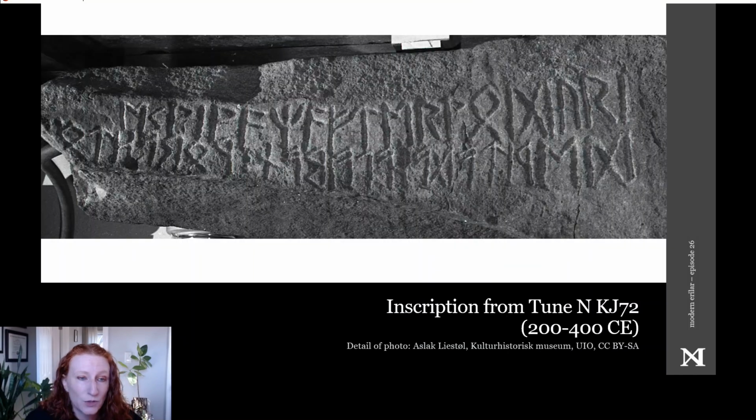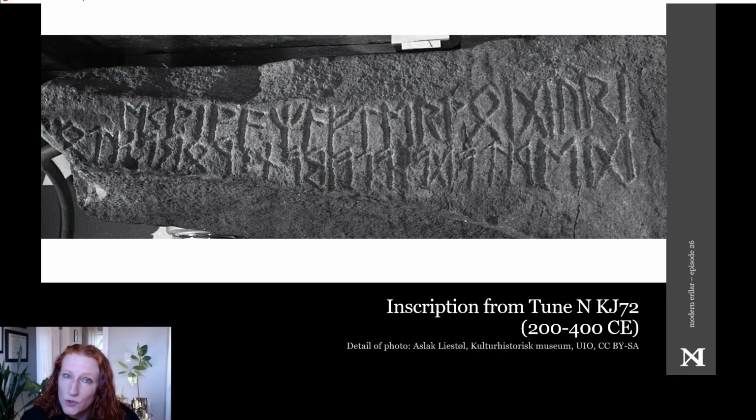In this inscription from Thun, the text does exactly that. The first line here is from right to left, and the runes align with that writing direction, and then the second line proceeds from left to right, and the shape of the runes follows the reading direction there.